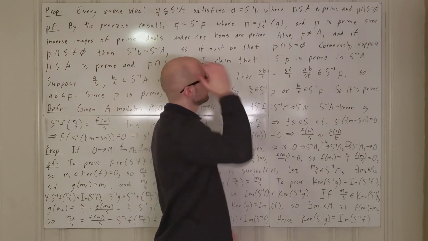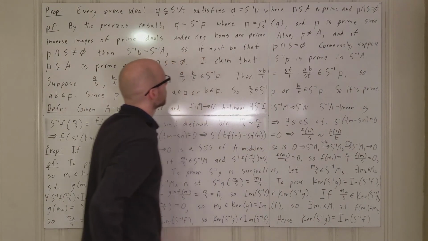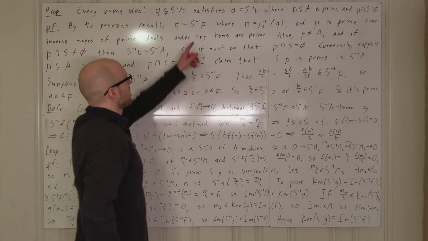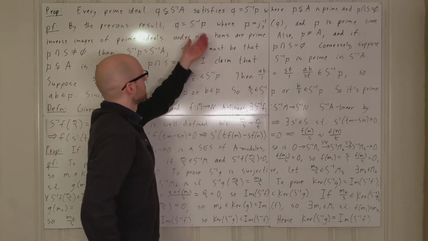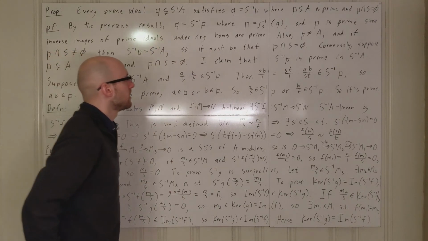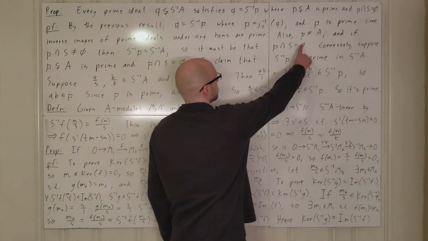So clearly P is not all of A, because if P were all of A, then S inverse P would be S inverse A, which means that Q would be all of S inverse A, which we've assumed is not the case. Okay, so P is a proper ideal.